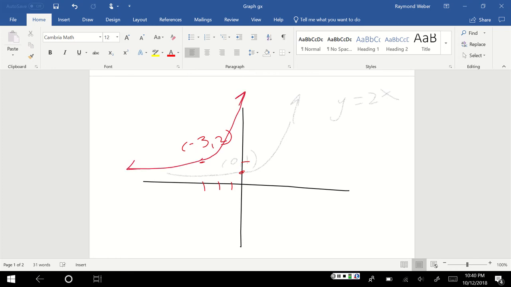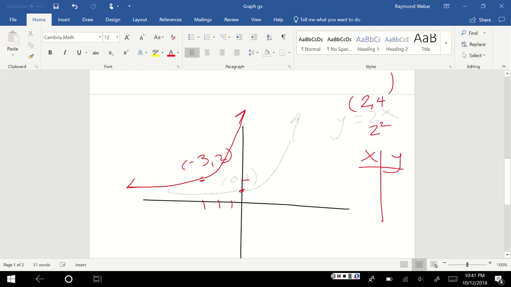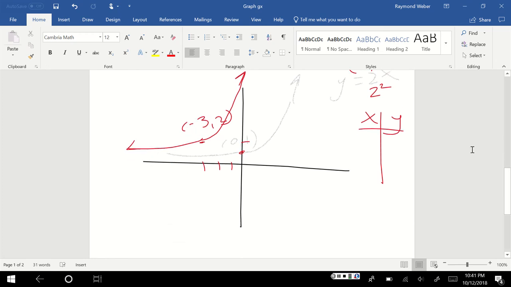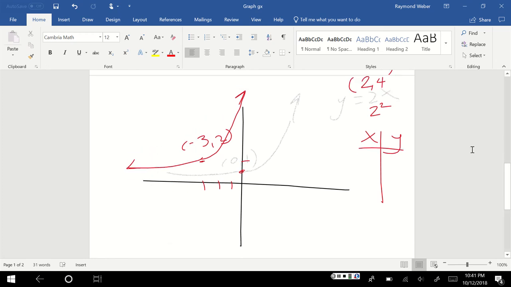Okay. Now obviously I could do an XY chart. I could pick some points, see where they go. Like for instance, on the original one, 2 squared would be 4, right? Okay. Well, where would that go? So this originally was (2, 4). But we have to adjust it. So here's 1, 2, and then 1, 2.